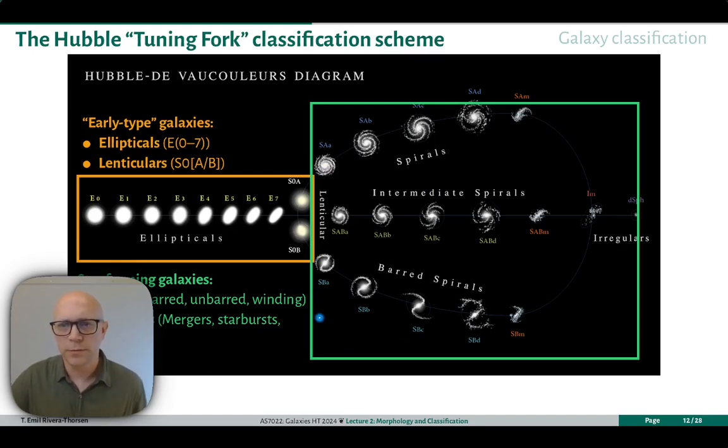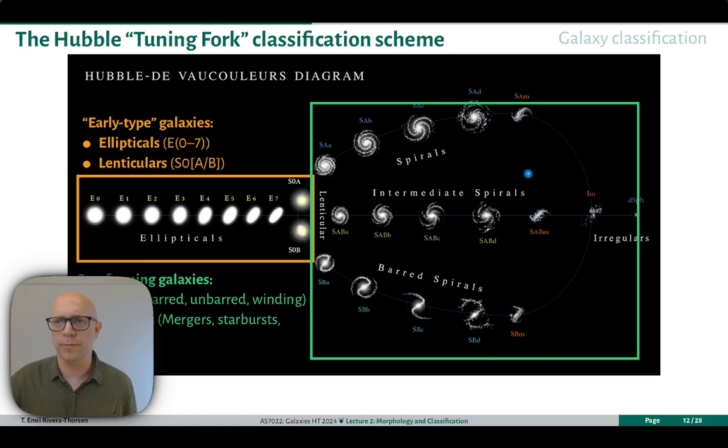From the a, b, c, and d out, these are measures of how tightly wound the spiral arms are. So you can see in a, we start with tightly wound spiral arms, and out in the d, you see that we have completely loosely wound spiral arms.